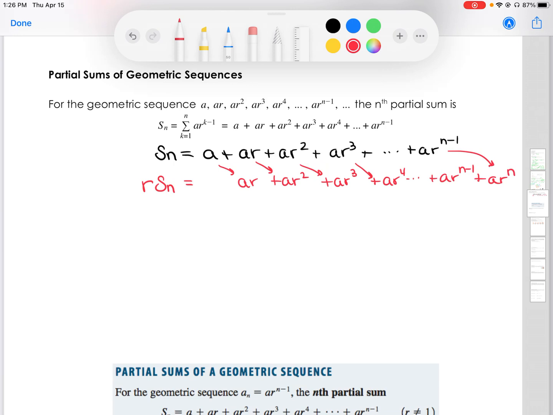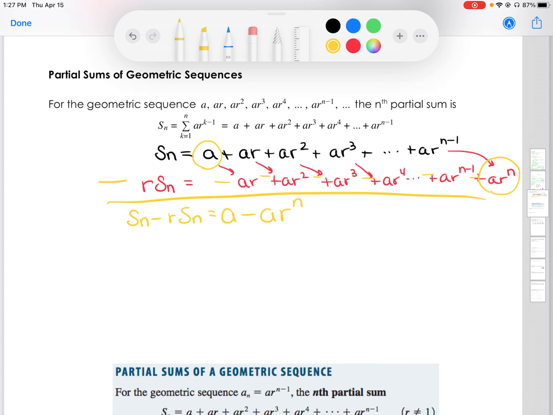All right, so when I go to subtract these formulas from each other, which is what we really want to do to get them all to cancel out, I get S sub n minus r S sub n is equal to a minus a r to the nth power.